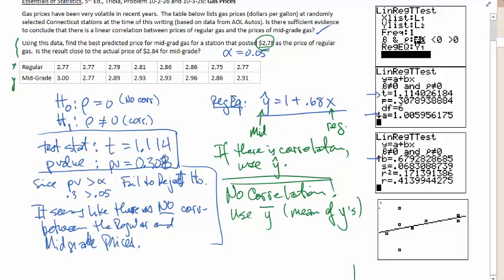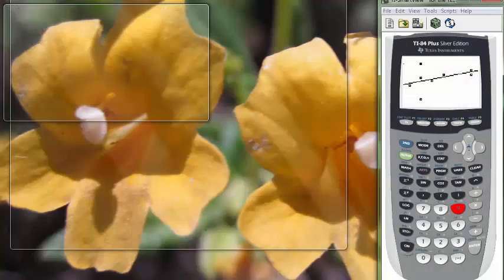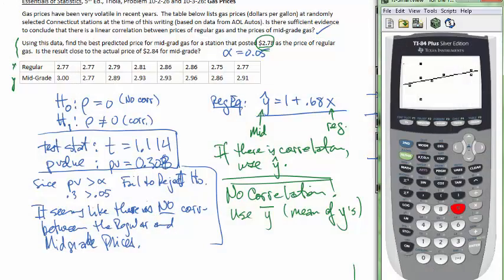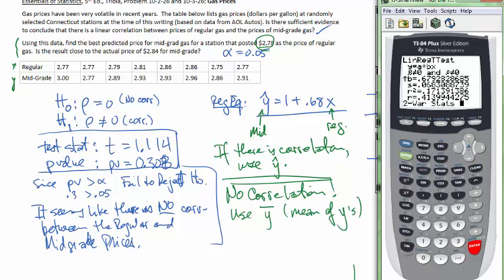Okay, so how are we going to do that? We are going to take our calculator and we're just going to find the average of the Y values. So the best way to do that is say calc, and let's do a 2-var stats, and 2-var stats on L1 and L2.